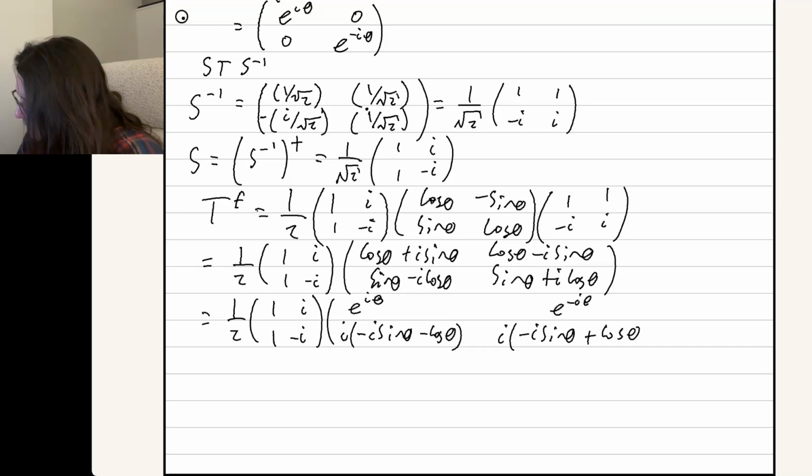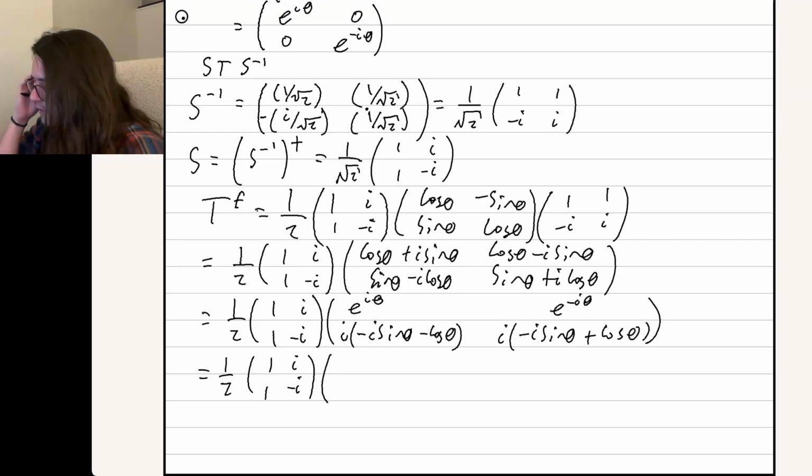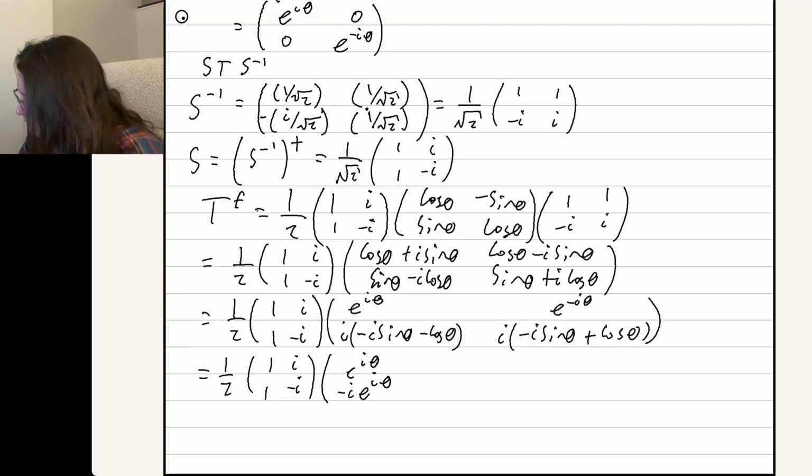This is e to the minus i theta here. So just rewriting those now in terms of e to the i thetas. This is the same. We've got an i times minus e to the i theta, so minus i e to the i theta here. Same guy here. And then this one is going to turn out to be i times e to the minus i theta. Yeah, so that's cool.